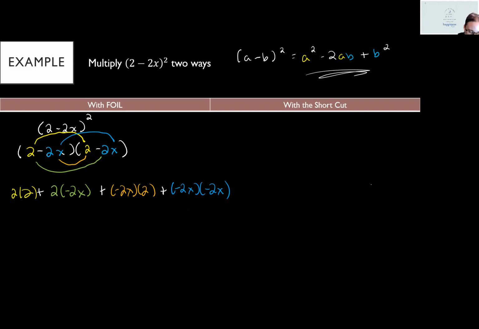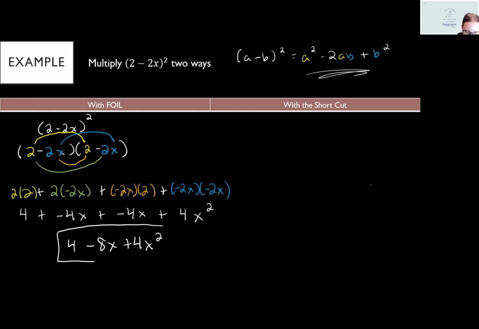So we'd end up with 4 plus, and then 2 times negative 2 is a negative 4x, plus negative 2 times 2, another negative 4x, plus negative 2 times negative 2, which is a positive 4x squared. And when you add these, you end up with 4 minus 8x plus 4x squared. So that's FOIL.